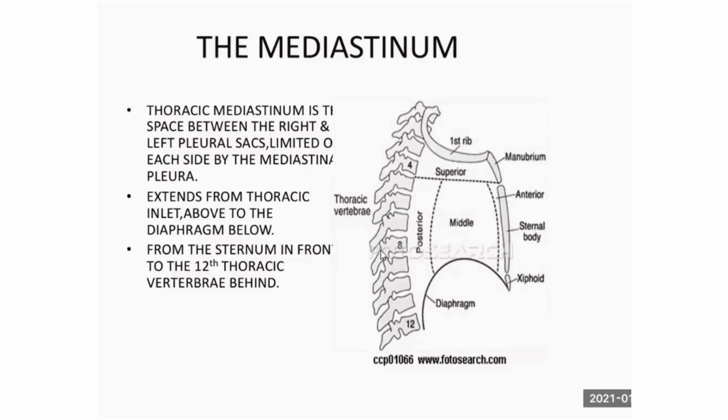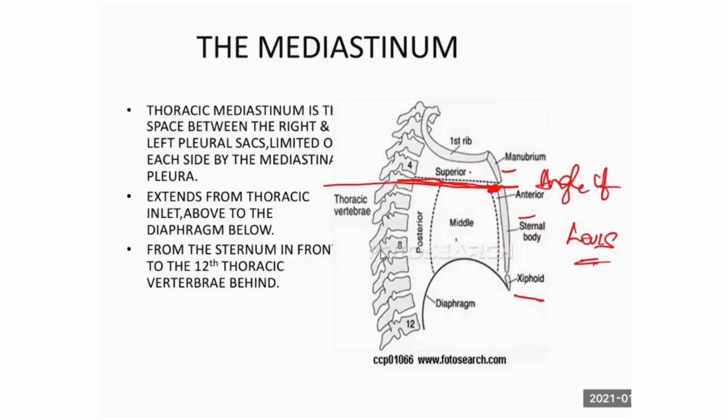This is the manubrium of the sternum. This is the body of the sternum. This is the xiphisternum. Right? If you cut an area between the manubrium and the body, which is resting posteriorly on T4, right? So this is called the angle of Lewis. T4 corresponds to the angle of Lewis. This is superior.